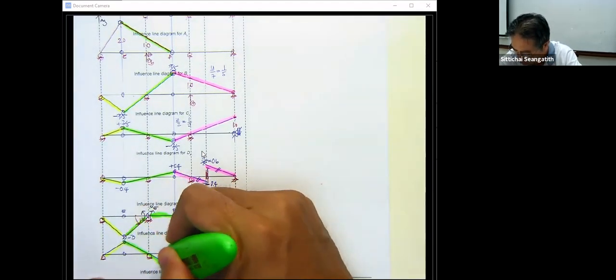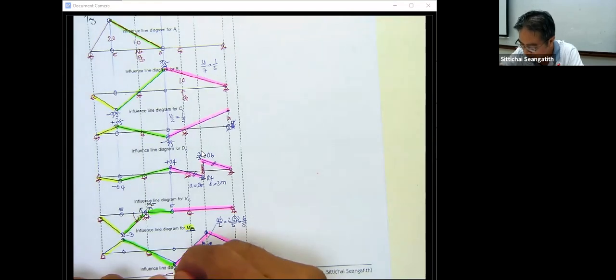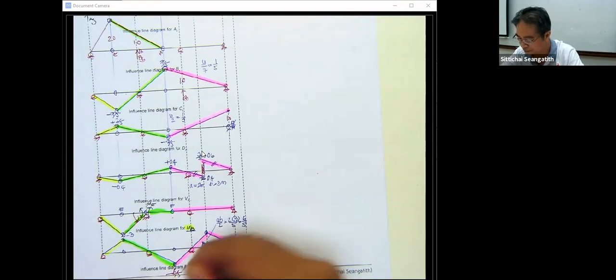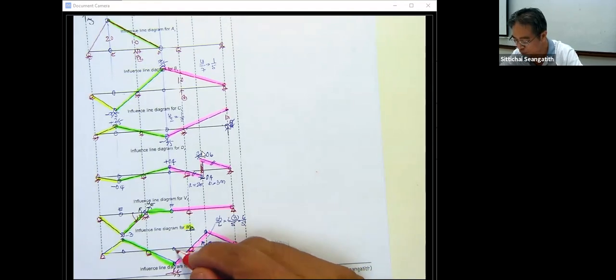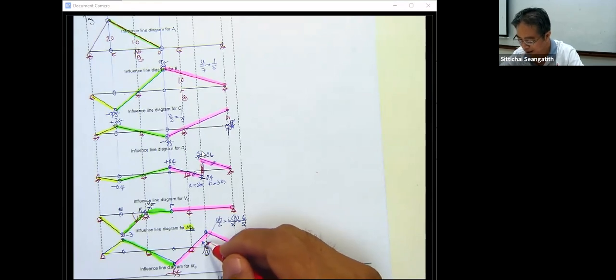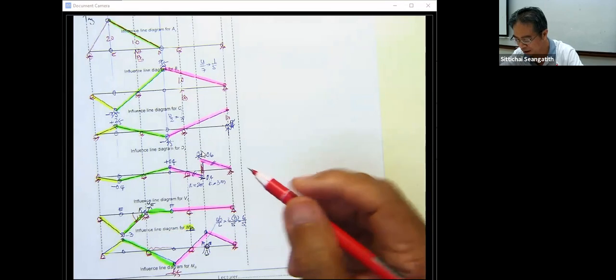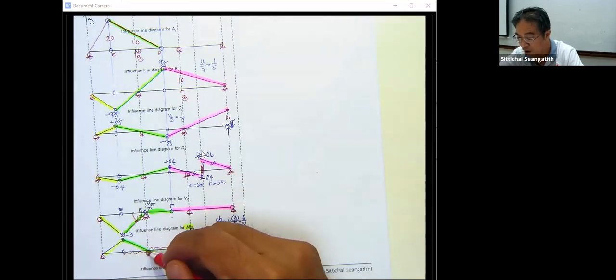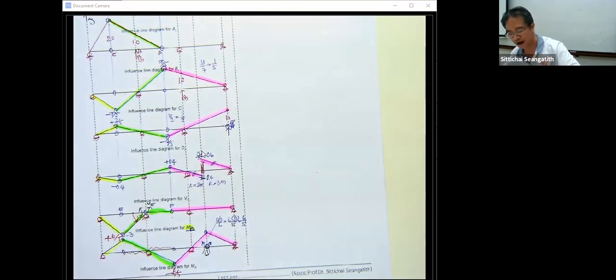And now the coordinate of this, since this one is 6 over 5, this one is going to be -6 over 5, because this is 2 meter and this is 2 meter, they are equal. And since this one is 3 meter, and this one also 3 meter, this is plus 6 over 5.